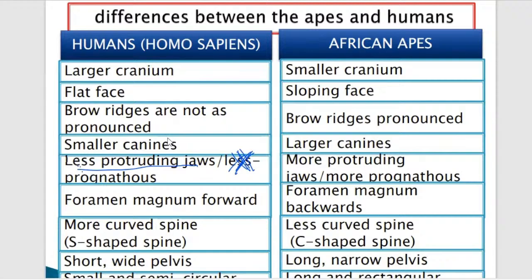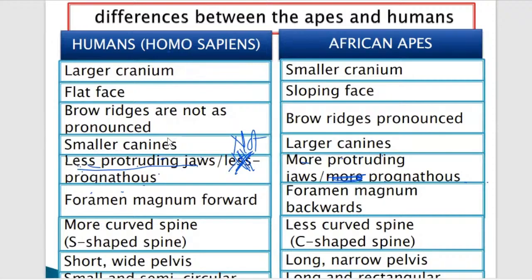So we have to update it next year. Don't say less prognathous; we say non-prognathous for the case of human, and here you say prognathous, don't say more prognathous. Or you can say less protruding jaws is correct, and more protruding jaws is also correct. But don't say less prognathous. You say non-prognathous for human, and prognathous for the others.